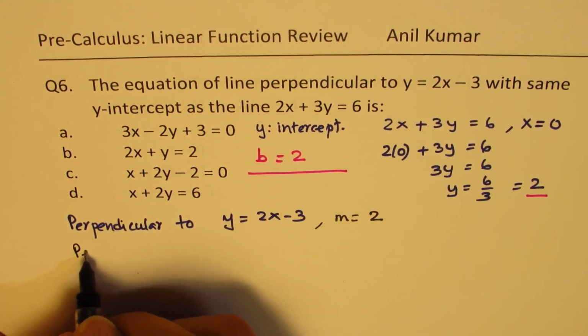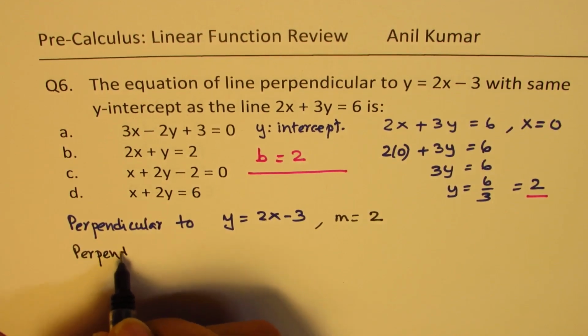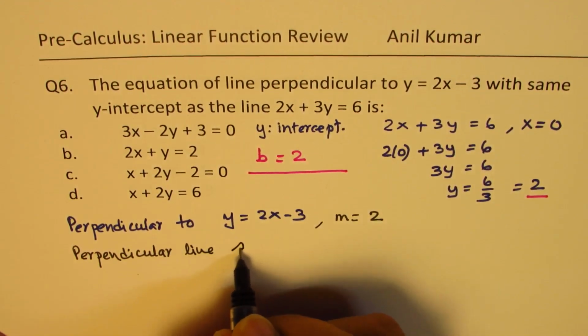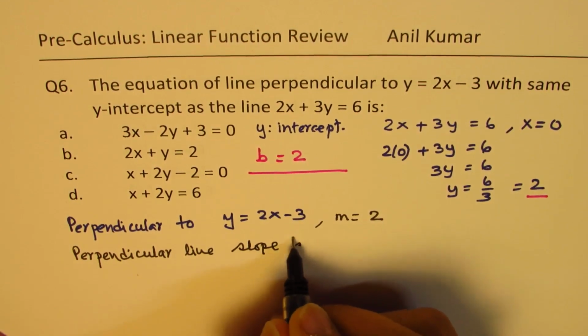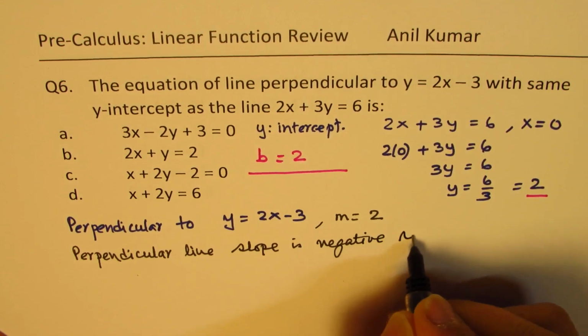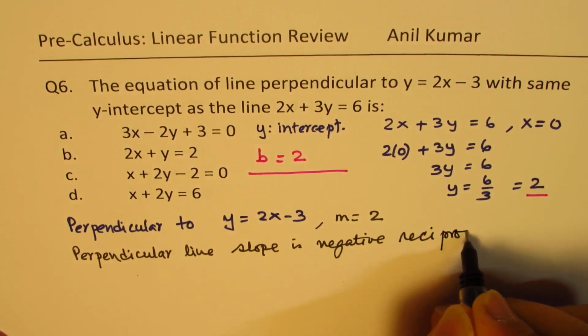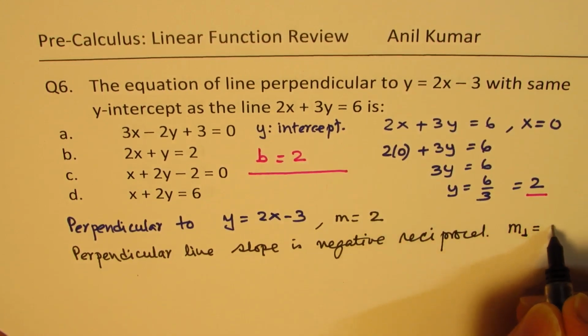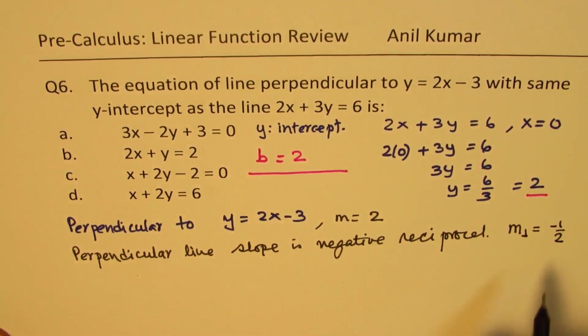So the perpendicular line's slope is the negative reciprocal. So the slope of our line will be negative of 2, and reciprocal means 1 over 2. So that is going to be the slope.